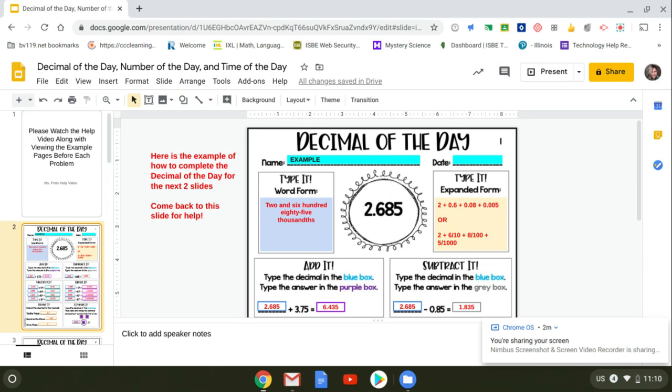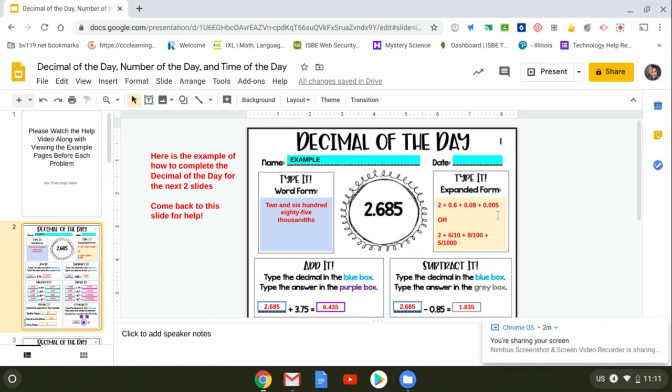Then it wants you to go ahead and type it into expanded form. Remember, expanded form is when we're breaking that number up or this decimal up. So we have 2 ones plus 6 tenths. So you would write it as 0.6 plus 8 hundredths. So we have a 0.08. So remember, we put that 0 because we put the 0 in front of the 6.